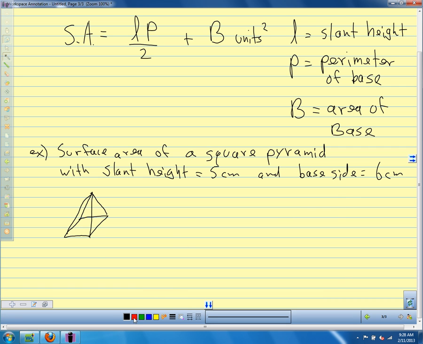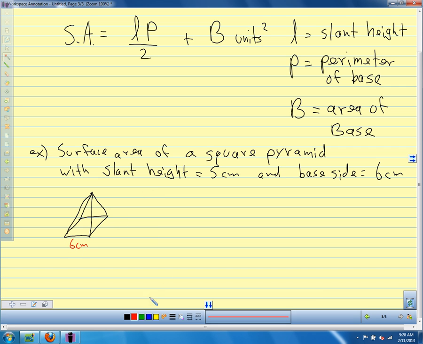So where is 6 centimeters going to go, Madison? The base is what shape? Square, and it says the base side is 6 centimeters. On the side of the square, right? So that side is 6 centimeters.